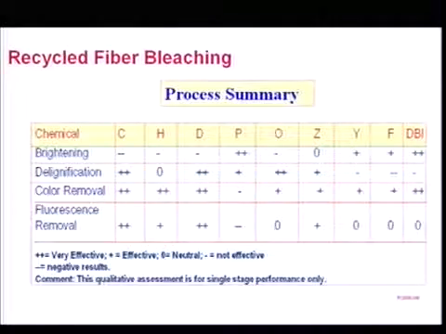If you have 1 plus, it is effective, 0 means neutral, negative means not effective, and double negative means you get a very negative result. It may not even bleach. Again, the comment here is that it is a qualitative assessment of single stage performance only. In other words, just one stage of bleaching, not multiple stage bleaching, this table applies.